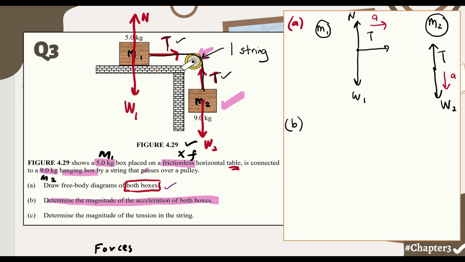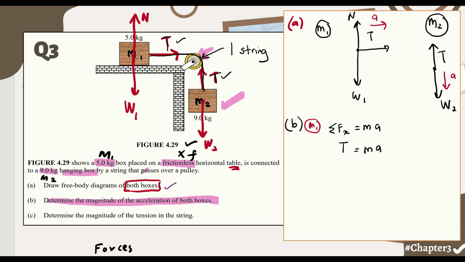By knowing the direction of motion, we can get the net force, then calculate the acceleration. We start with M1. The motion of block M1 is only in the x-axis, so the summation of Fx equals Ma. Only T contributes to the motion, so T equals M1a.